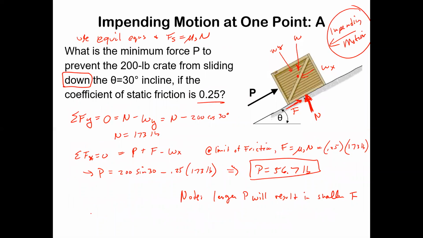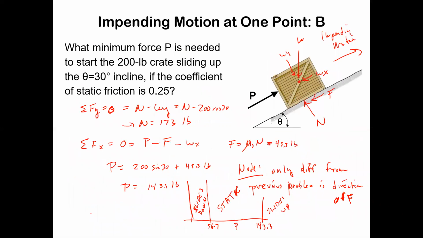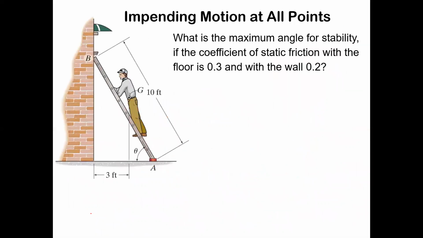Starting with impending motion at one point, you can think about the force that would be required to keep a crate from sliding down a slope compared to the force required to make the crate slide up this slope, which is a lot bigger. So that's when there is impending motion at one point.